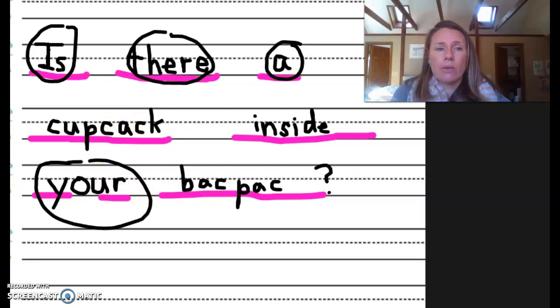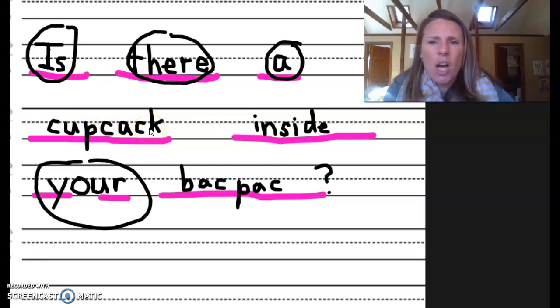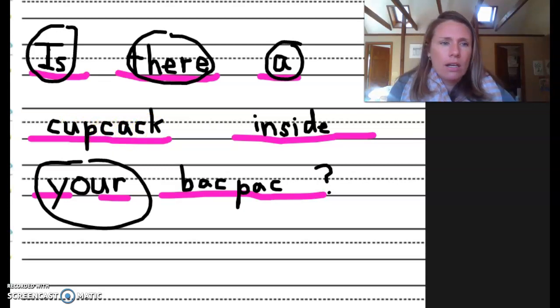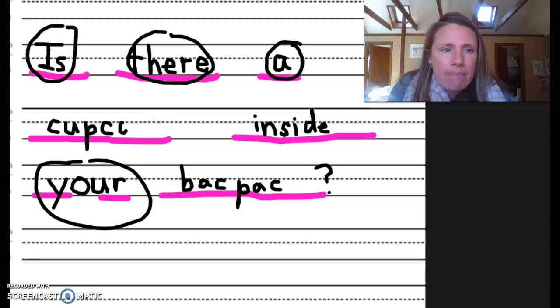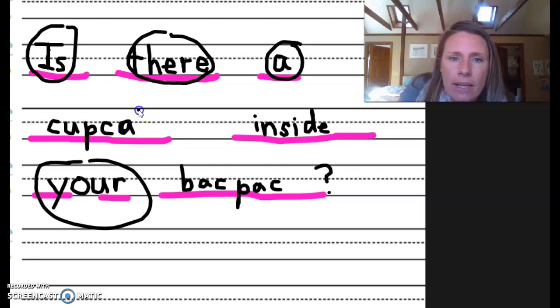Now we have 3 words that we have to tap out and check. This one's supposed to be cupcake. Let me tap out what I did. Up, cup, cack, cupcack. Oh, how do I make this say cupcake? I need that A to say A. Oh, it's vowel consonant E, okay. So it's gotta be A, K, E, cupcake.